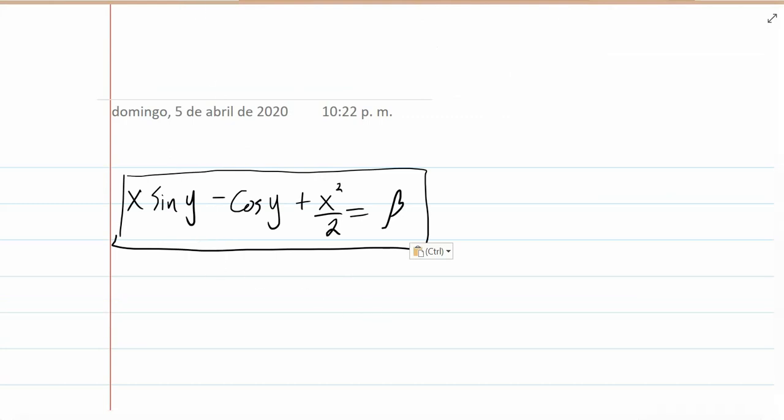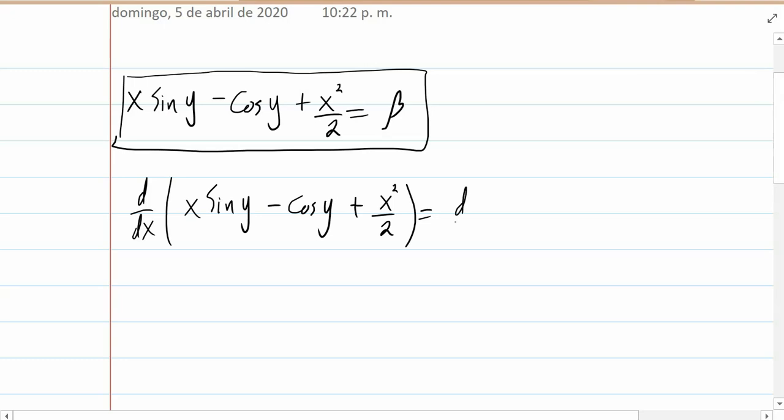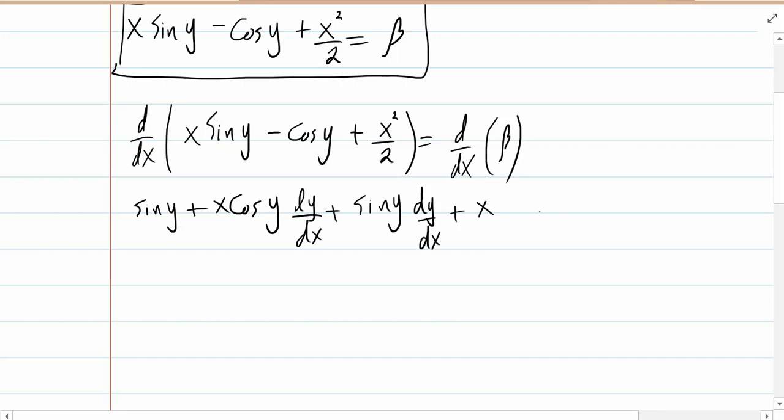And we're going to differentiate with respect to x. Of course the right hand side becomes 0, the left hand side becomes sine y plus x cosine y dy over dx plus sine y dy over dx plus x.